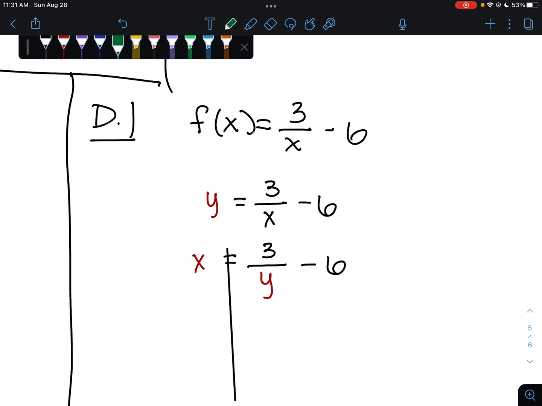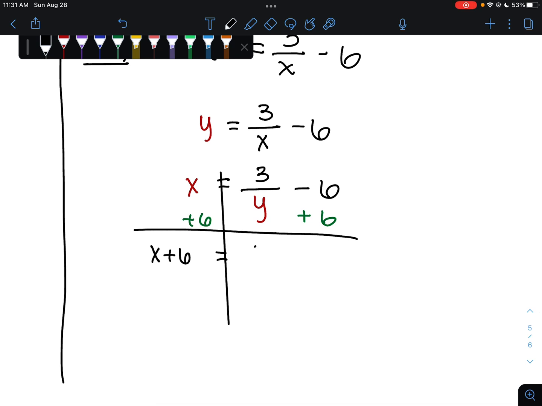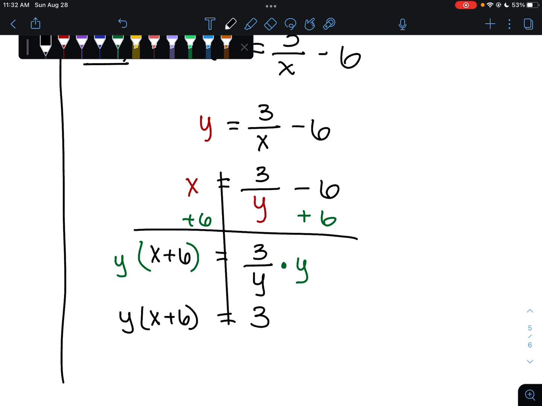So I add 6 to both sides. That gives me x plus 6 equals 3 over y. So I can multiply both sides by y to get y out of the denominator. So that gives me y times (x plus 6) equals 3.